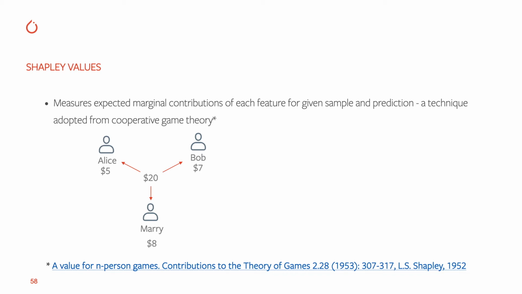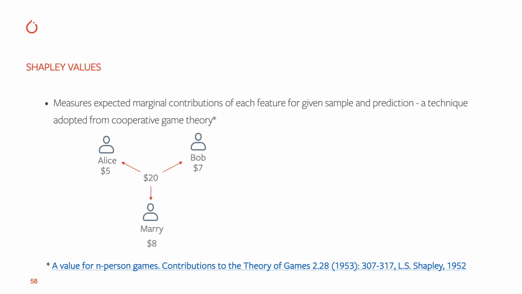So using this information, we can make an analogy between input features and players in the game, where our goal is to assign a payout contribution score to each feature, which can ultimately also serve as an importance score.